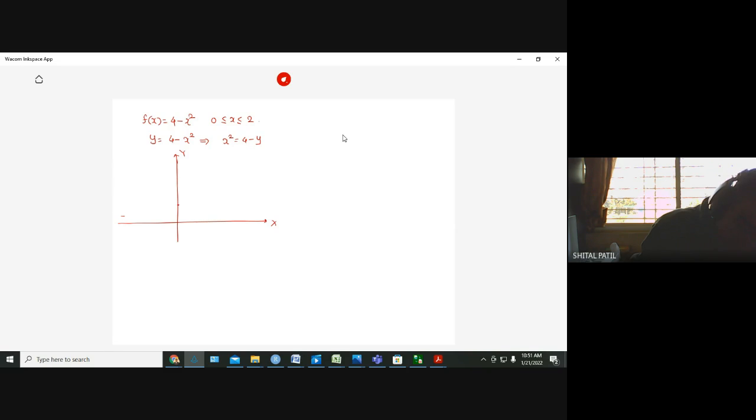So say this is 2, this is 4, y equal to 6, 8, 10, and so on. This is 0. This is x equal to, say, 1, 2, 3, 4, and so on. Minus 1, minus 2, minus 3, and so on. So the parabola is like this.